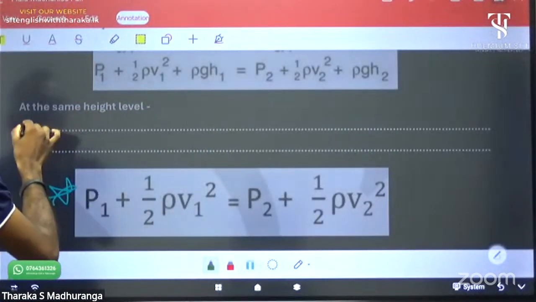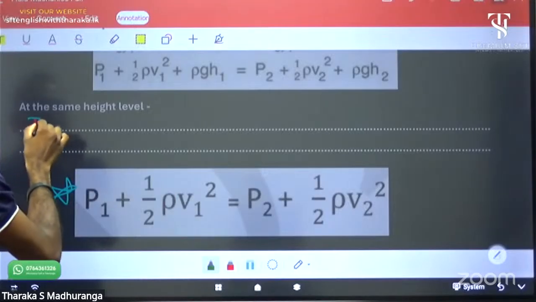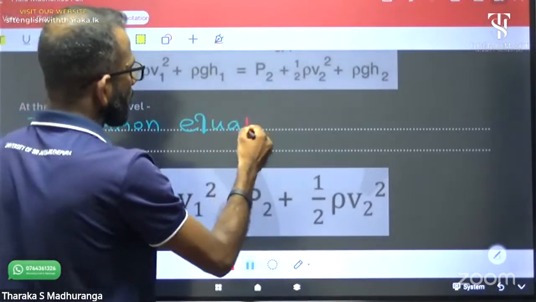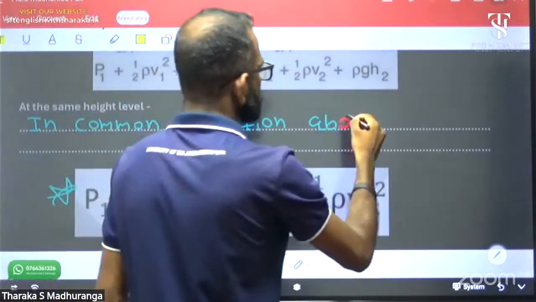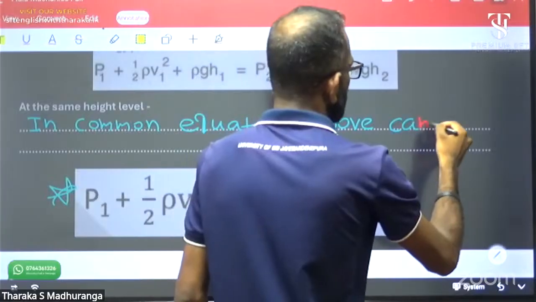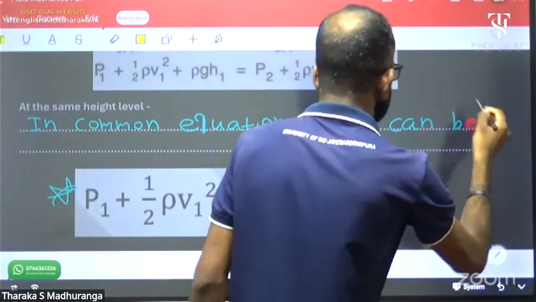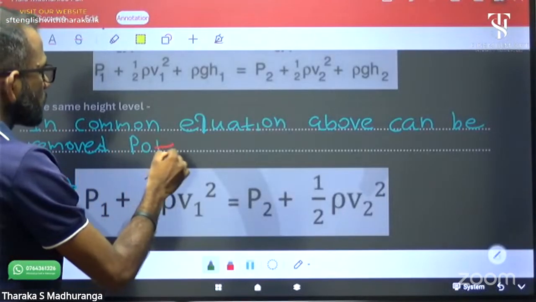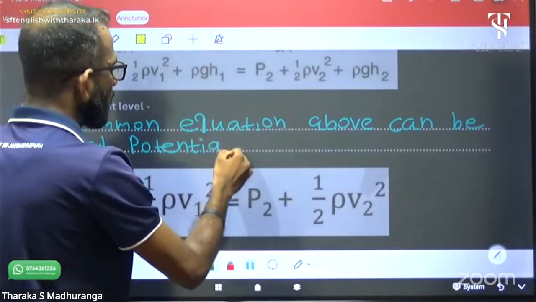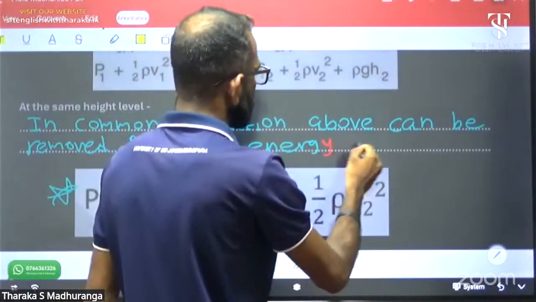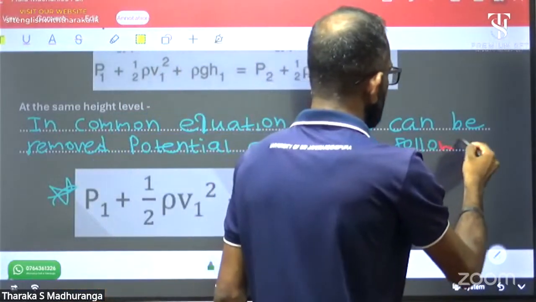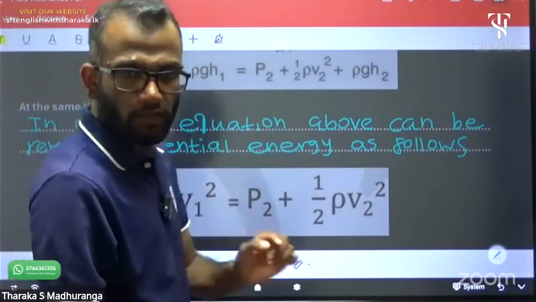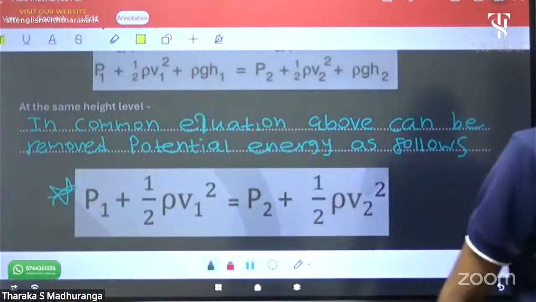At the same height level, the common equation above can be written with the potential energy removed as follows: P1 plus half rho V1 squared equals P2 plus half rho V2 squared.